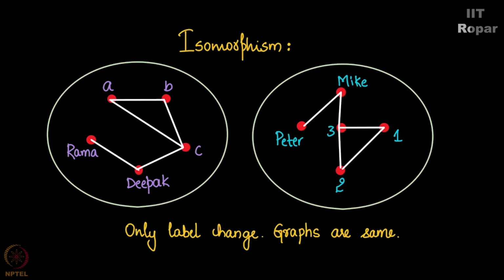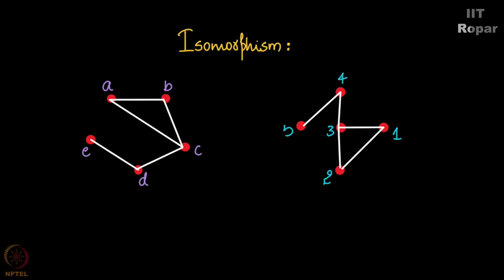So, mathematically speaking, given a graph G and another graph, let's say G dash, the vertices of G is, let's say, V, and edges of G is denoted by E, vertices of G dash is denoted by V dash, and edges of G dash is denoted by E dash.